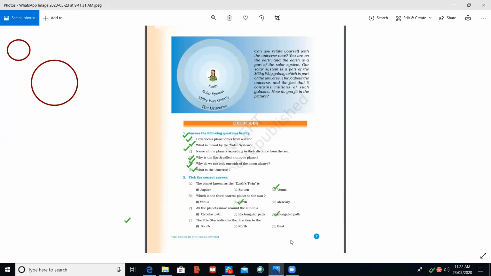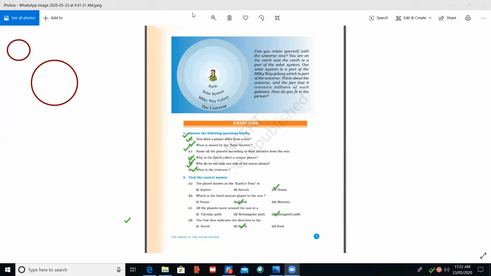Now, the pole star indicates the direction to the north. We just discussed that. So now let's move to the remaining half.